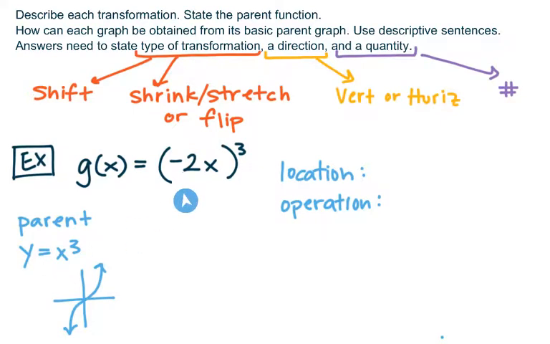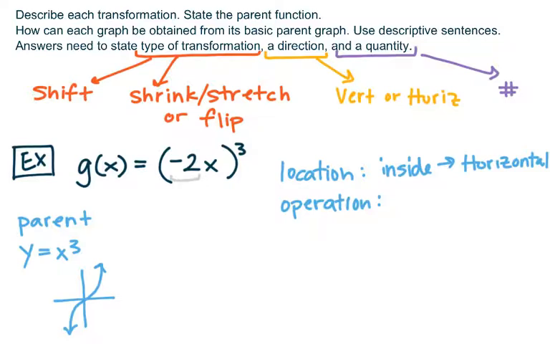Based off of the parent, we have this additional number, this times negative 2. First off, where is it located? It is inside the grouping, so that lets me know this is going to be horizontal. Remember, horizontal, naughty, bad, in the bars, in jail, does the opposite of what we think.